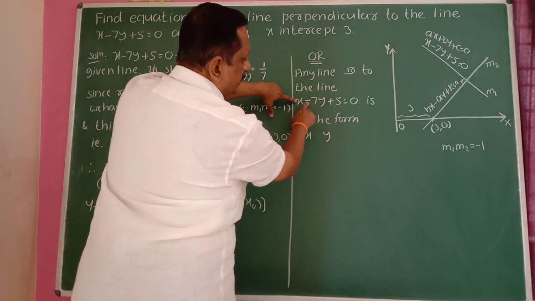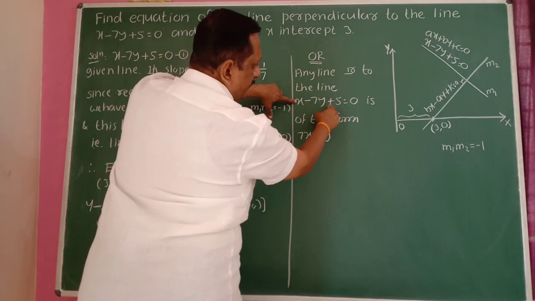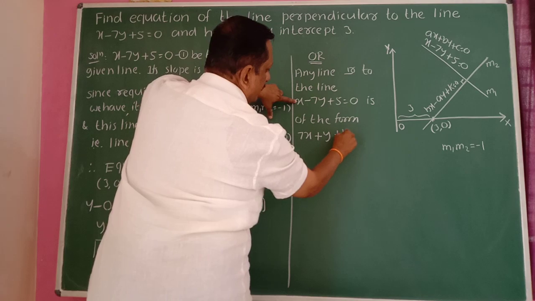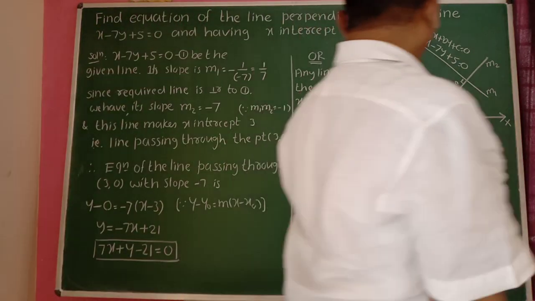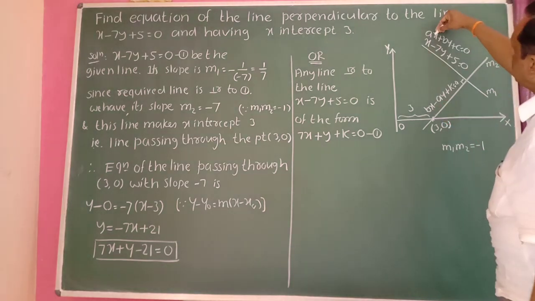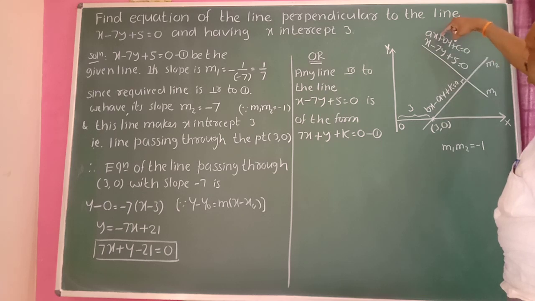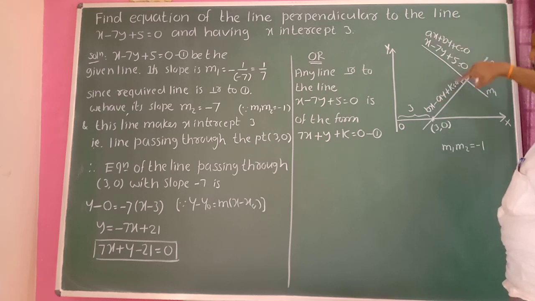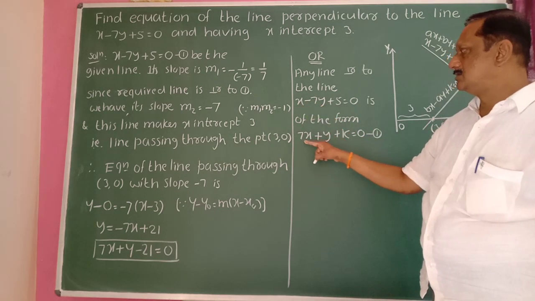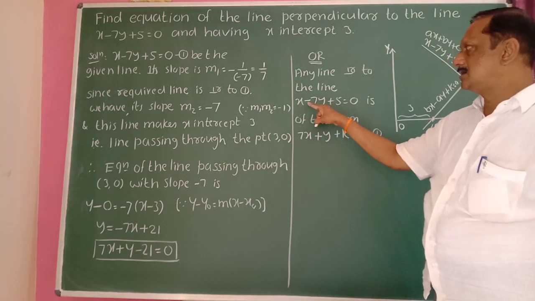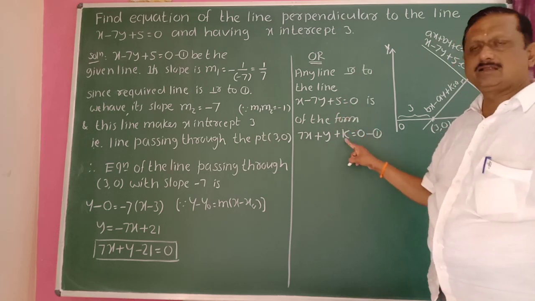Then change the sign: minus sign is there, so write plus. Instead of plus 5, write plus k, equal to 0. Call this equation number 1. So we interchange the coefficients, change the sign, and replace c by k.